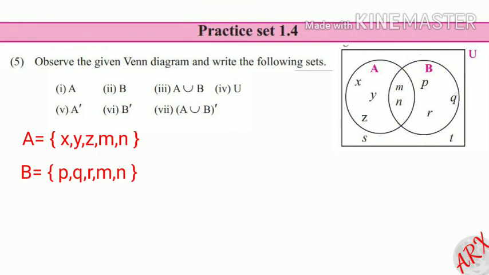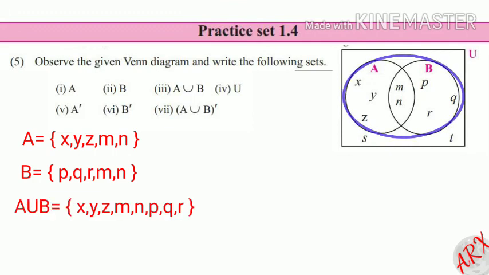Third, A ∪ B. A ∪ B will be the set of all elements from A and B, that is {X, Y, Z, M, N, P, Q, R}. Now M and N are common in both the sets, hence we write M and N only once.